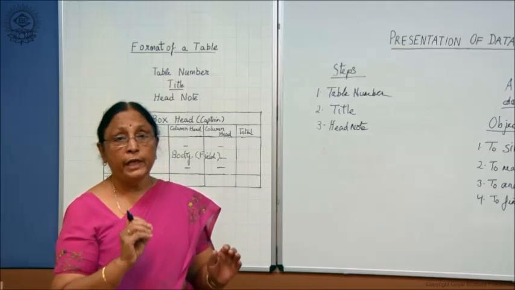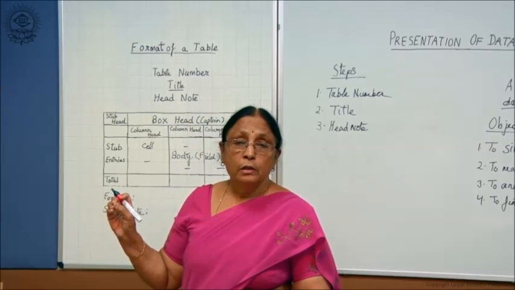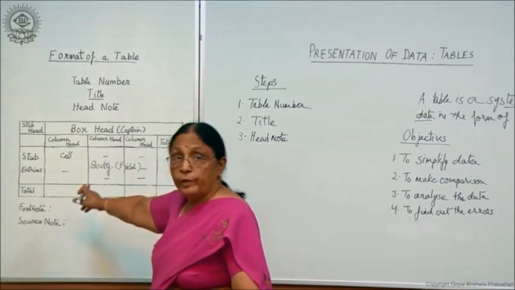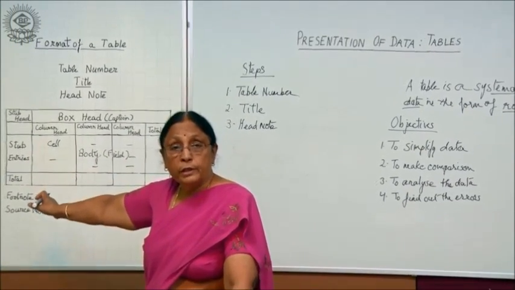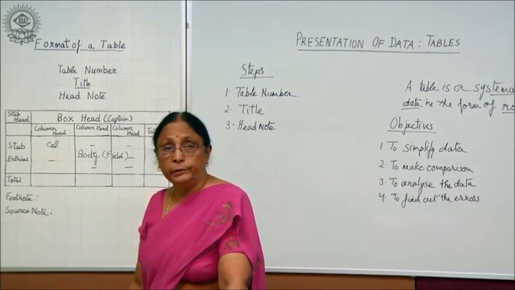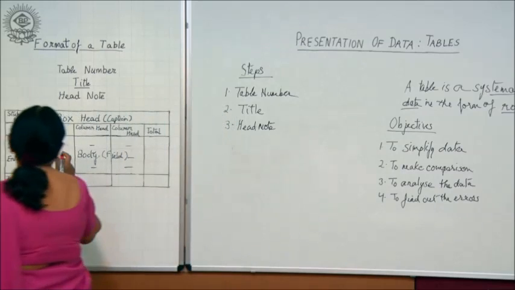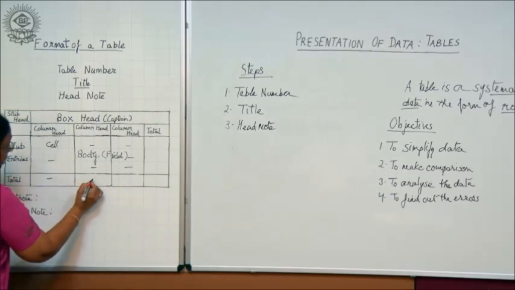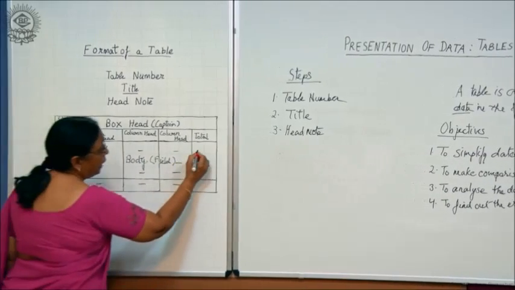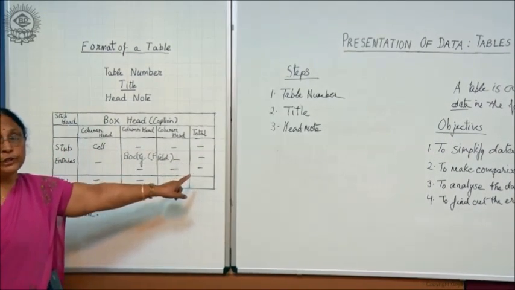So here the main entries you will write according to your collected categories, number of males or females, or number of boys and girls. According to each column heading you will enter the data here, right? Now after this you have to make the total, the total of each column, which is known as the grand total, and the total here, which is known as the subtotal of each row.